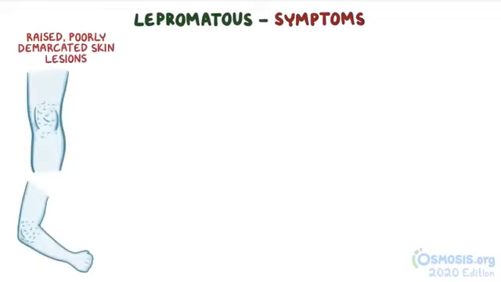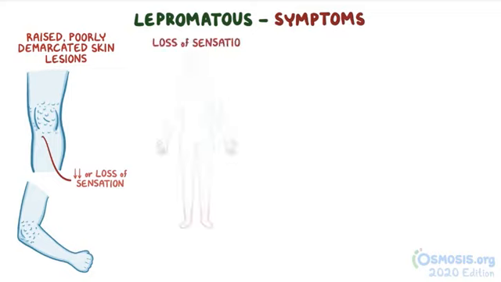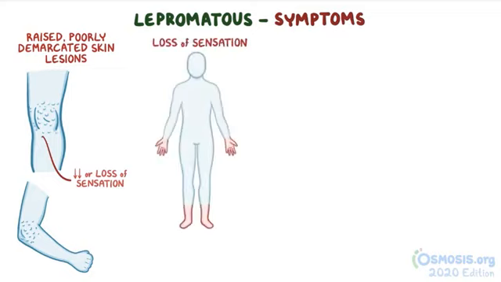With the Lepromatous form, there are numerous raised, poorly demarcated skin lesions that can be found on extensor surfaces of the extremities. Within these skin patches, there might be diminished sensation or a loss of sensation altogether. And overall, there's a loss of sensation in the limbs, with a glove and stocking distribution.